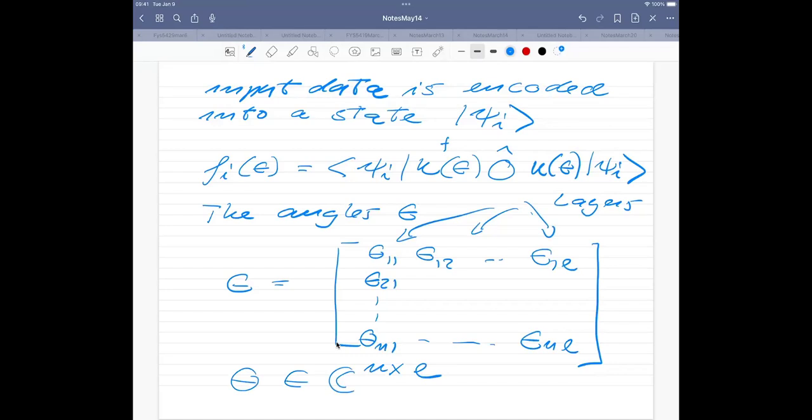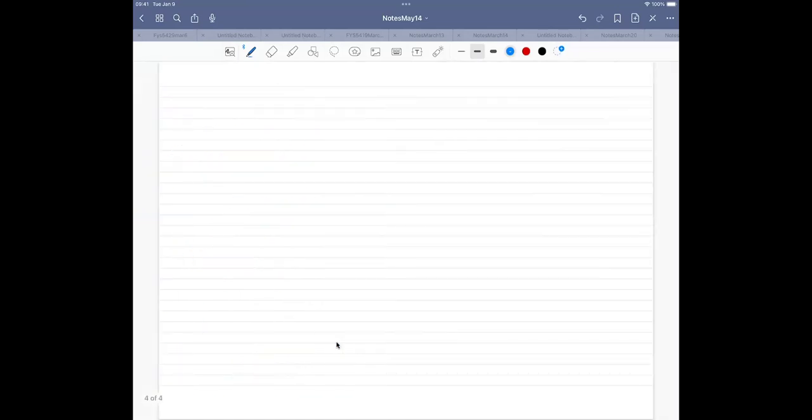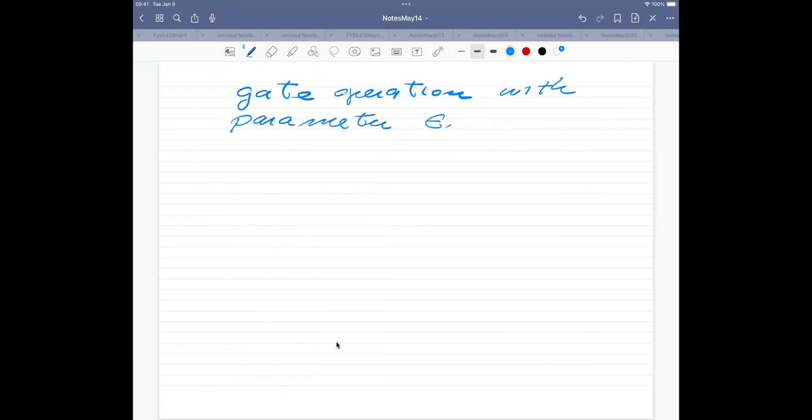So that means that if you now think of each single gate, this would be a gate operation where you could think of one of these registers with parameter theta ij. And this gate operation is something which we would call G of theta ij.